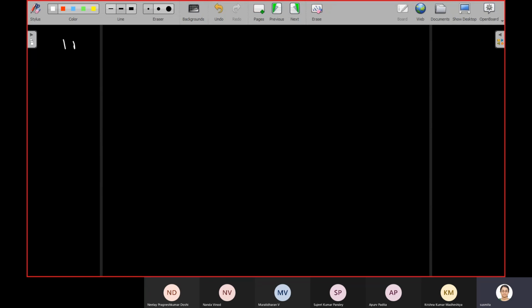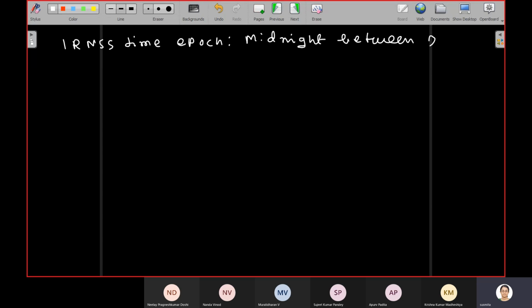IRNSS time started at midnight between 21st and 22nd August 1999 GPS time.